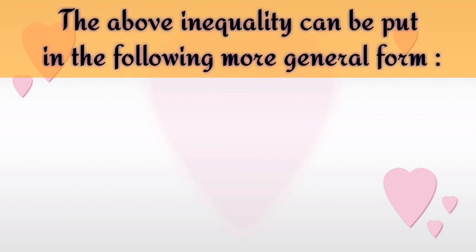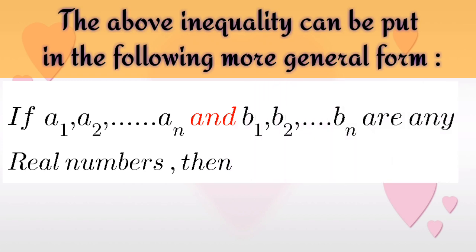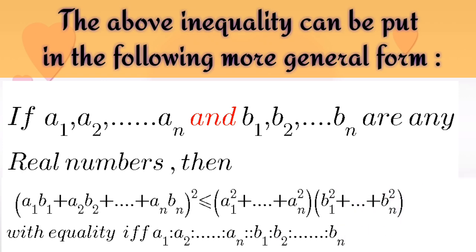This Cauchy-Schwarz inequality can be written in a more general form: if a1, a2, ..., an and b1, b2, ..., bn are any real numbers, then (a1b1 + ... + anbn)² ≤ (a1² + ... + an²)(b1² + ... + bn²), with equality if a1:a2:...:an is the same as b1:b2:...:bn.